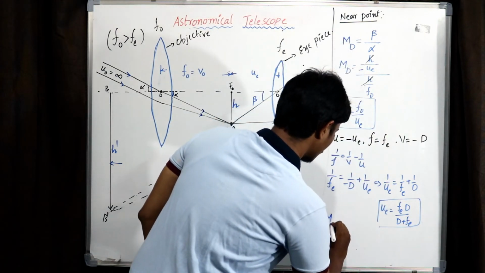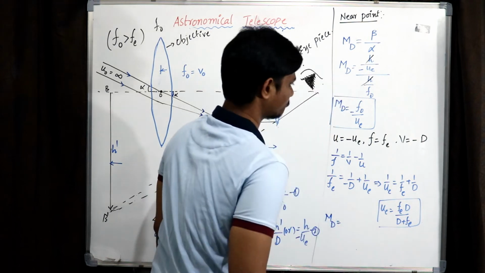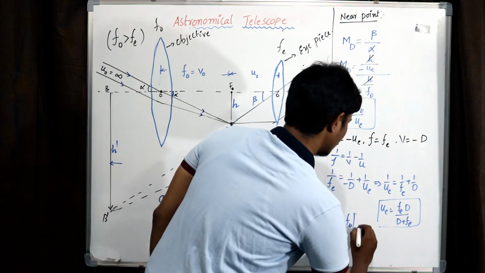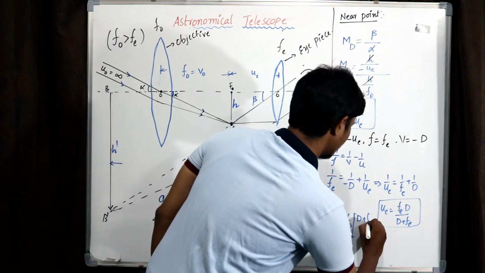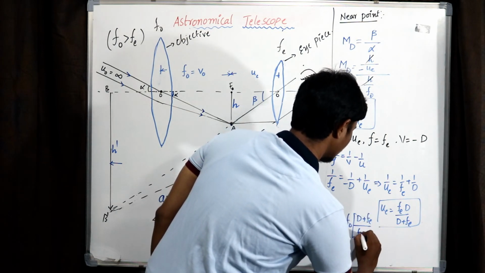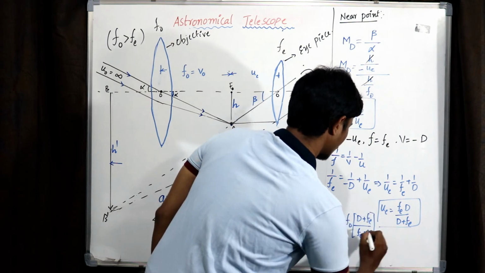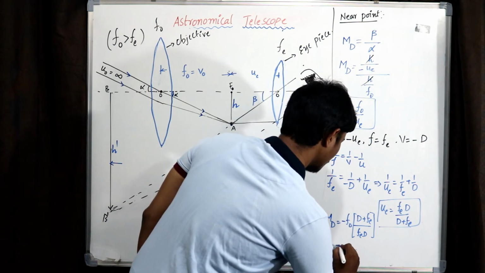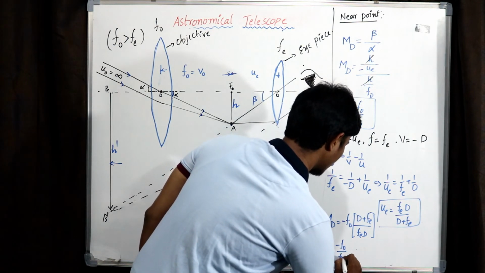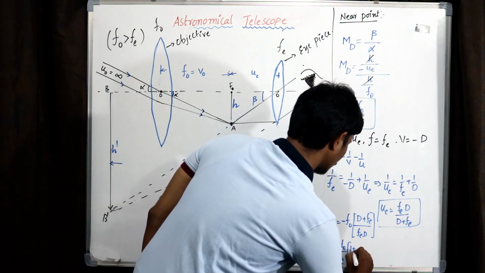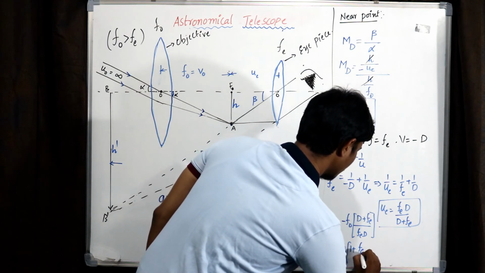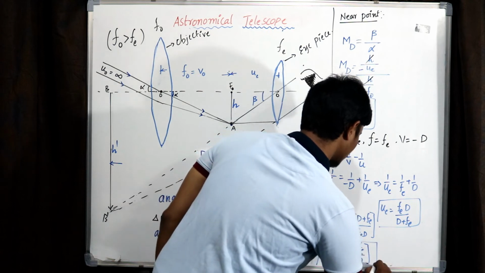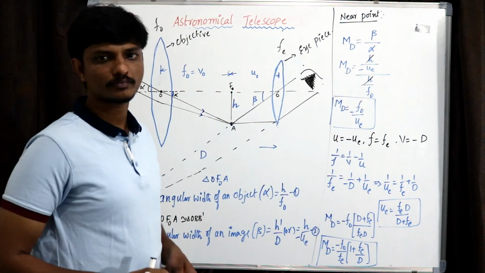Therefore, the magnification produced at the near point is equal to minus f0 into D plus f_e by f_e D, or the magnification produced at the near point is equal to minus f0 by f_e, if you take common, 1 plus f_e by D. This is the magnification you will get for the near point.